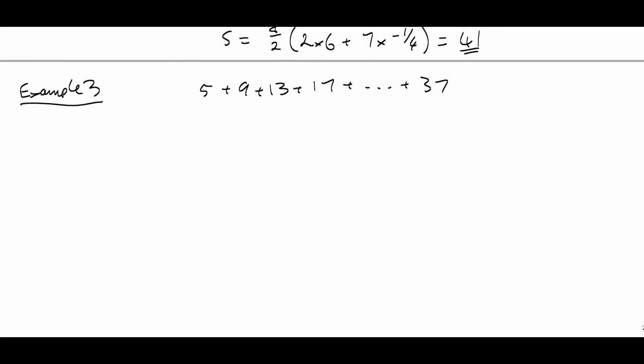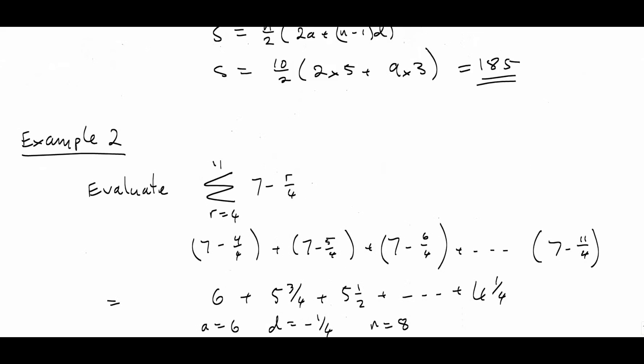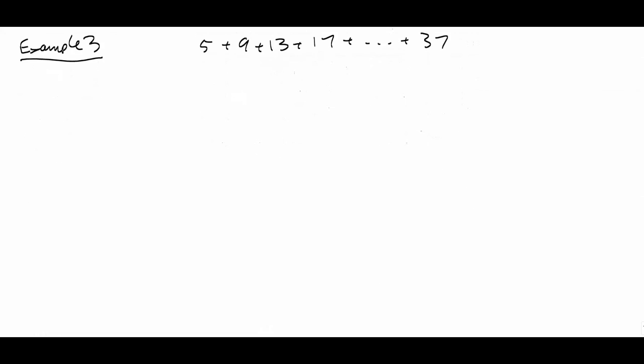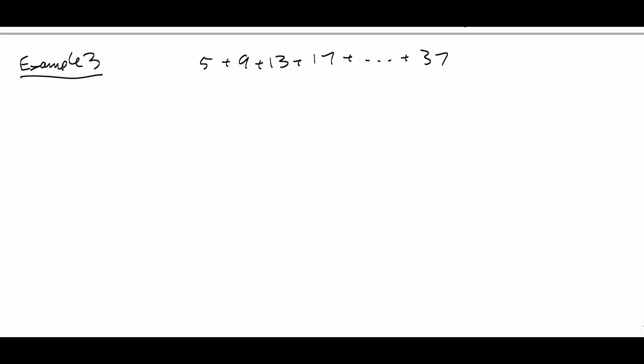For the third example, here we have a series. Now supposing we want to use the sigma notation to write this series. Well, if we notice that when we were using the sigma notation in the other examples, the expression we have, 7 minus r over 4, is the rth term. So let's find the nth term.